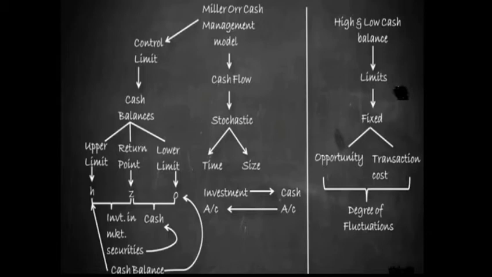It helps us to find the optimum cash balance, when the cash flow is stochastic, meaning it is not known. So this model will tell us the time and size by which the investment should go to cash and cash should go to the investment.